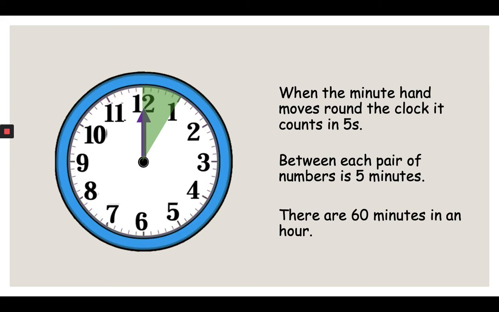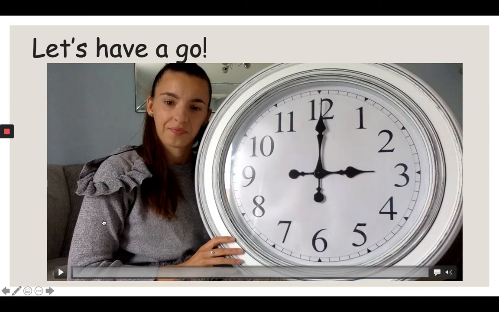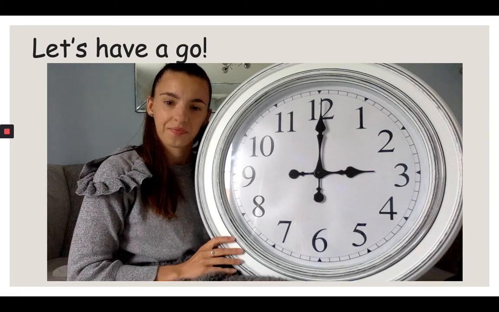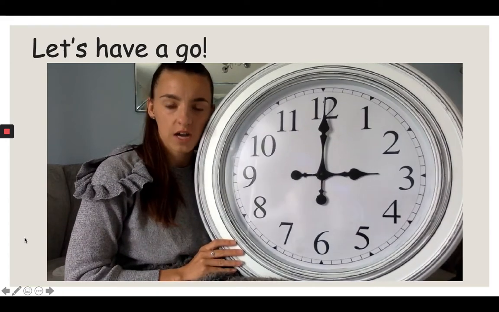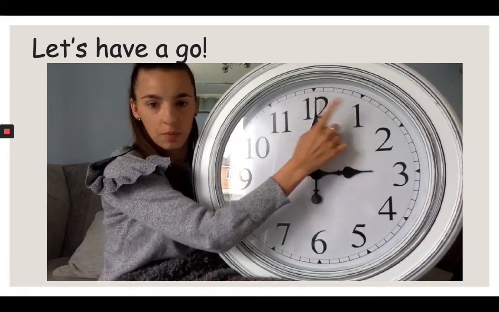So we're going to have a go at counting with that minute hand now. We've got a video of Miss Dearman doing that. Join in with counting in fives around the clock. Between each number there are 5 minutes.